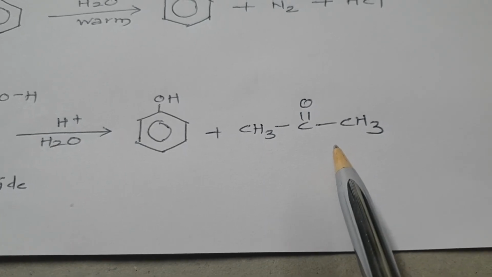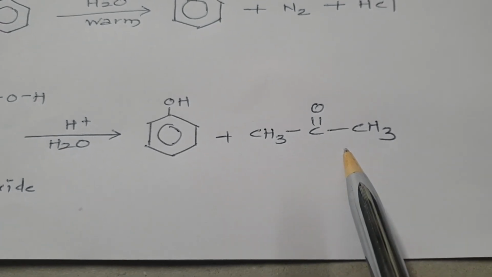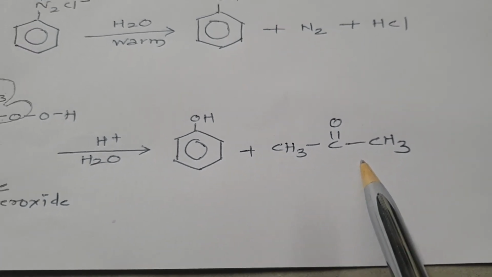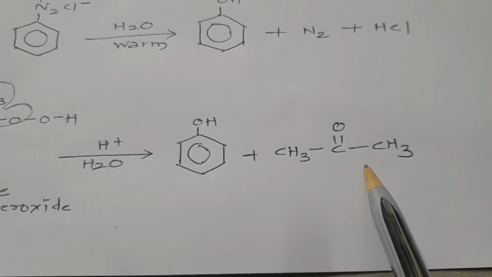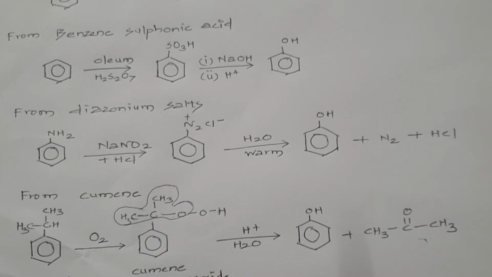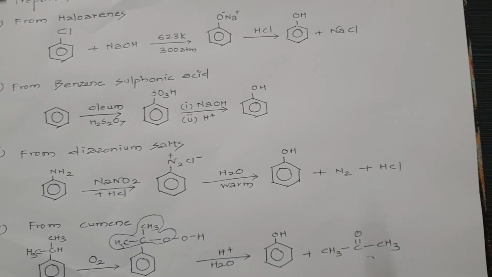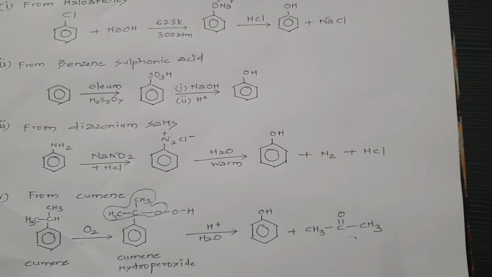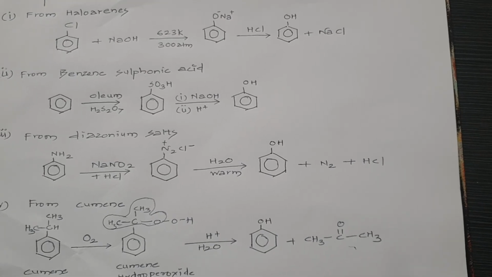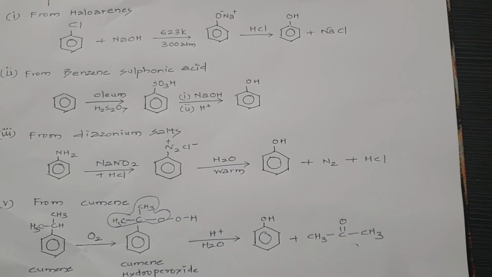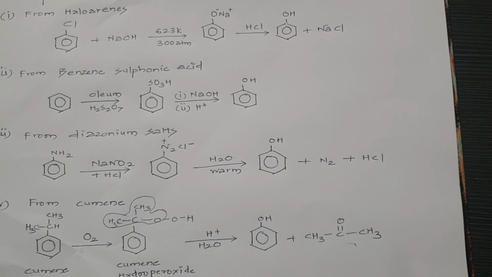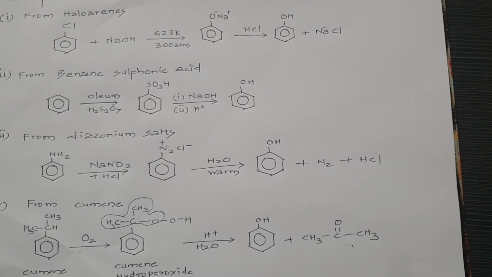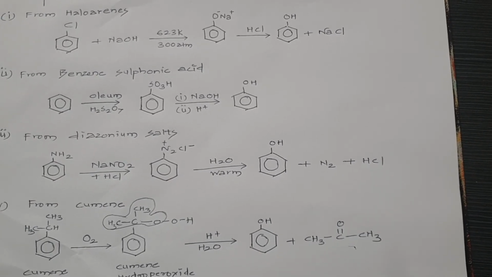That is acetone or propanone obtained as a byproduct in the reaction. So here we have 4 different methods which we have learned in the preparation of phenols from haloarene, from benzene sulfonic acid, from diazonium salts and from cumene.